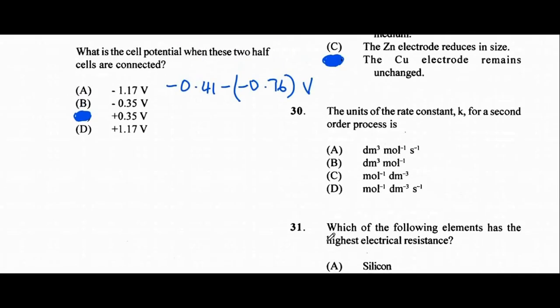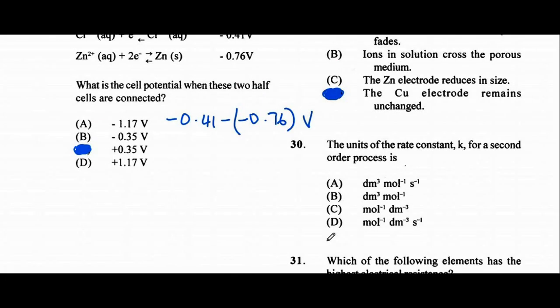Alright, let's see. We have 30 here saying the units of the rate constant K for a second order process is... So we have the rate being in mole per dm cube per second, don't forget that.